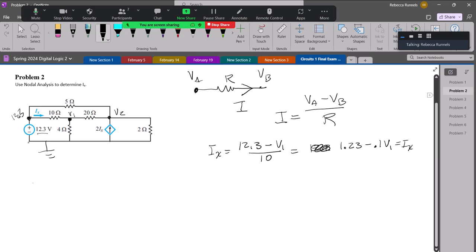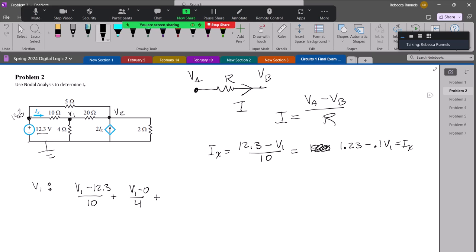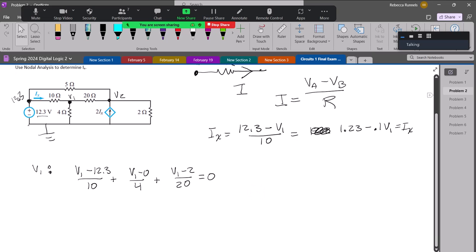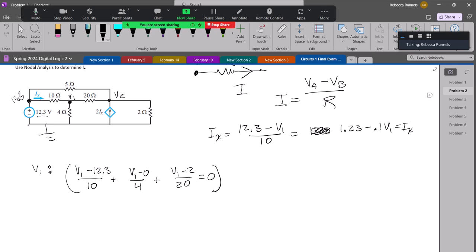Okay, now I'm going to write my nodal equation for V1. So going to the left, I have V1 minus 12.3 over 10, plus going down, I have V1 minus 0 over 4, and going to the right, I have V1 minus V2 over 20, and that equals 0. Since I'm right here, I'll go ahead and multiply this through by 20, and I'll get 2V1 minus 24.6.